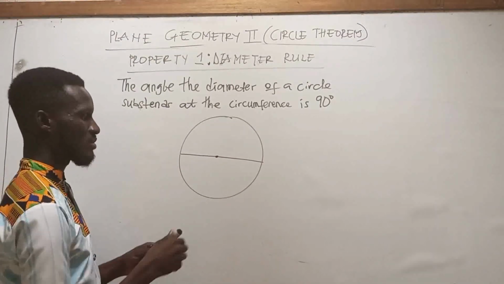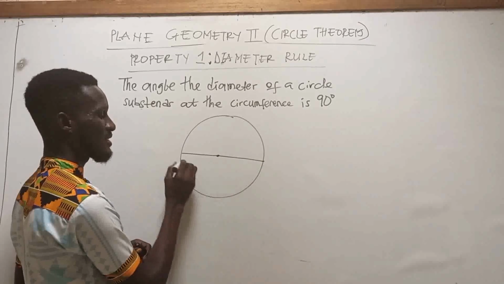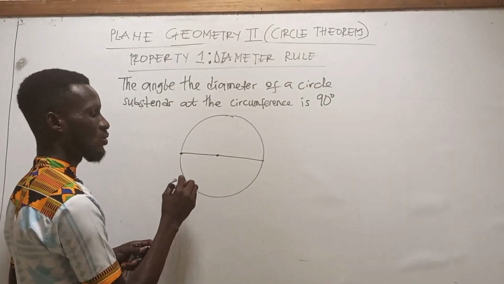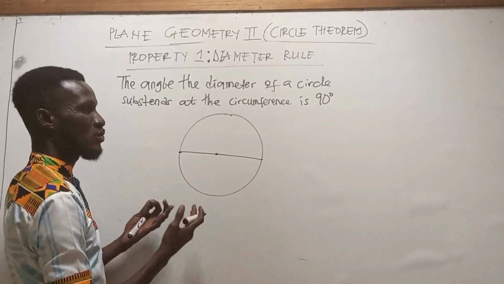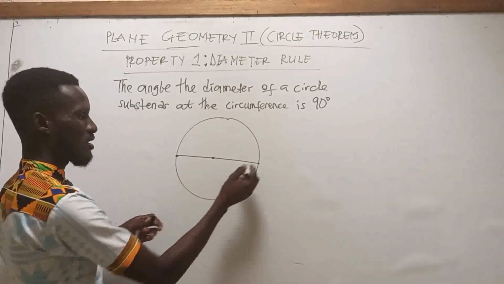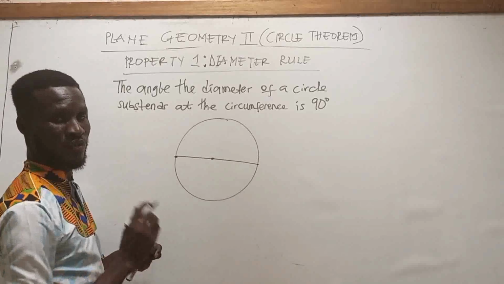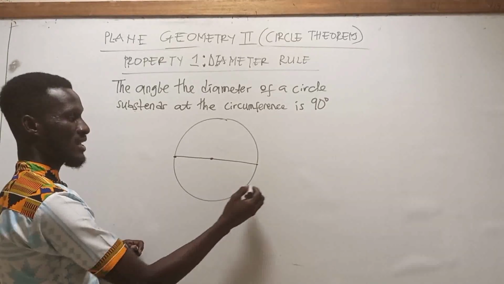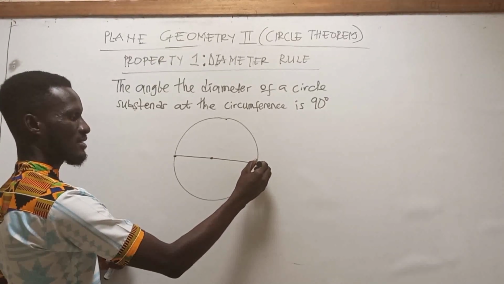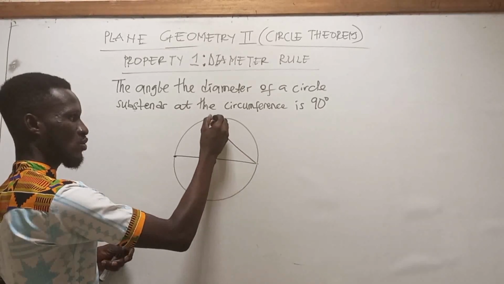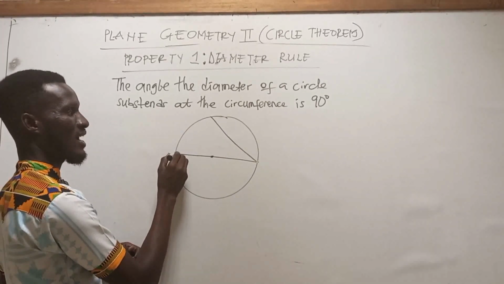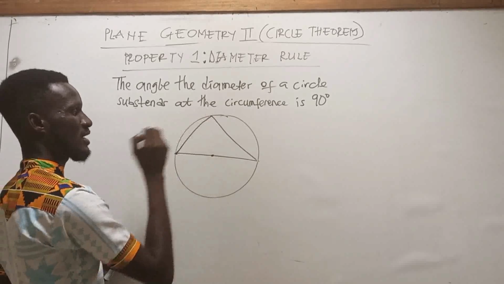So this end will now move or subtend to form an angle at the circumference. These points are all on the circumference of a circle. So this one can subtend to this part, to the circumference. This one can move to meet here.